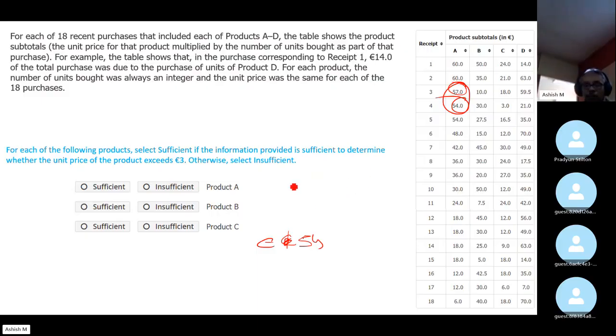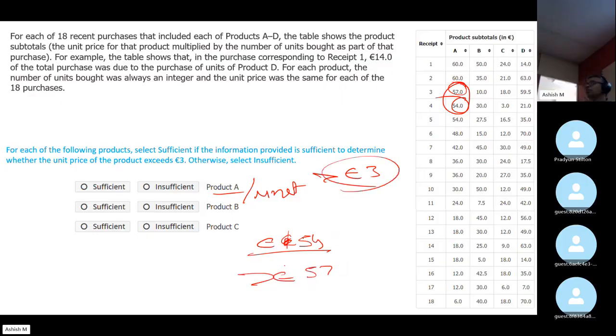If the price per unit of product A was greater than 3 euros, and I pay a total of 54 euros for product A, if you buy one more unit of product A, then clearly you would have to pay greater than 57.